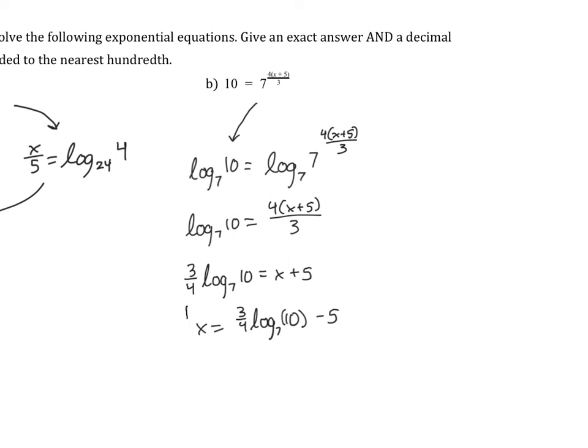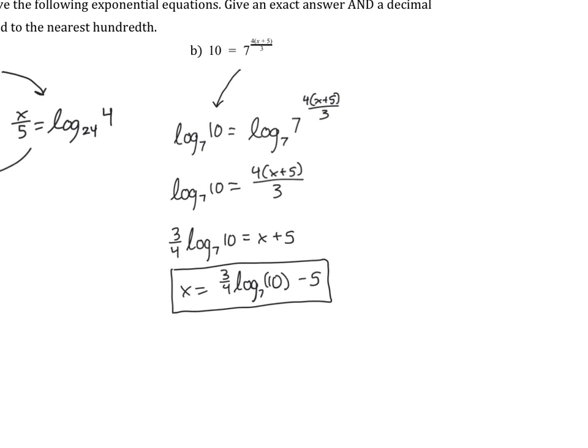So again, this would be our exact answer because we can't evaluate this any further by hand. So from here, we do need to plug this into our calculator. Again, most calculators cannot do log base 7, so let's rewrite this using the change of base formula. So the 3 is in the numerator here, and then log of 10 will be in the numerator.